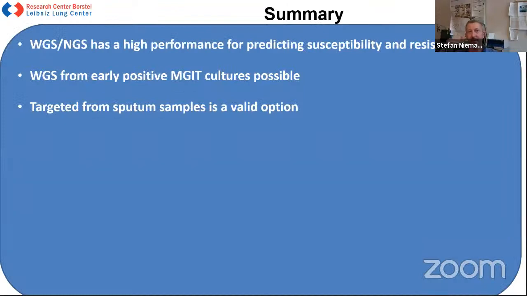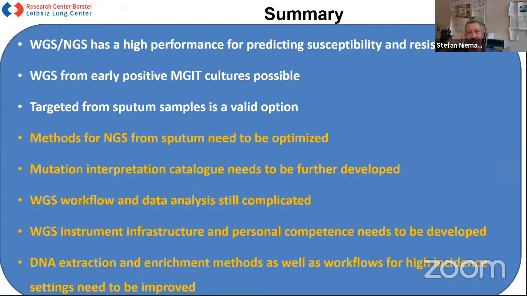So in summary, I have shown you that whole genome sequencing has a high performance for predicting susceptibility and resistance. We can do it from early positive MGIT cultures, and targeted approaches from sputum are really a valid option. There is something to do. So the limitations are that I think the NGS from sputum needs to be optimized.